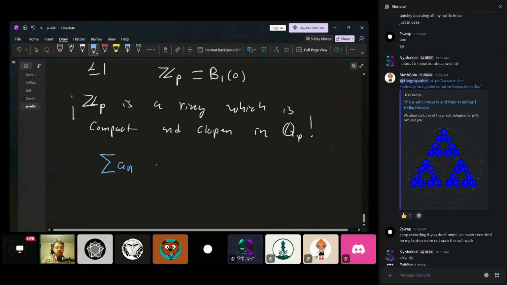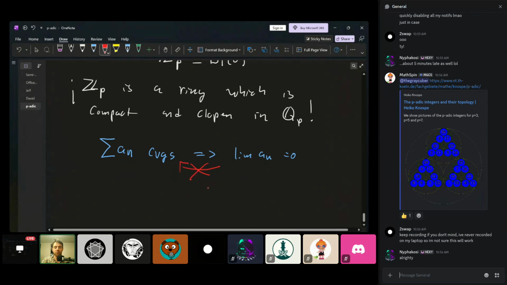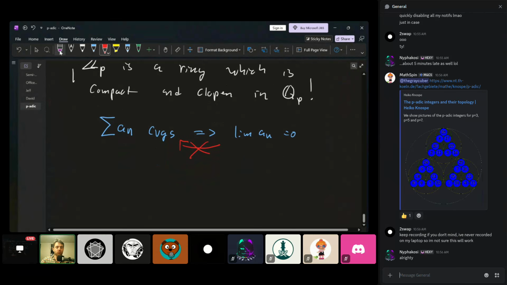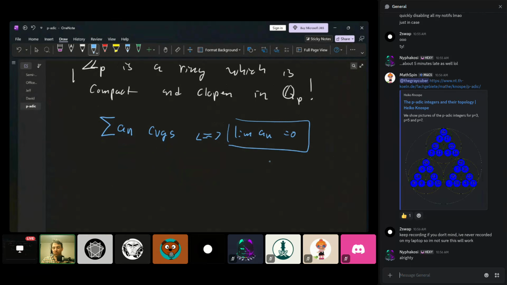Life is basically hard because a series converging implies that the limit of the nth term goes to 0. But the whole reason why we spend 2 months on it is because the converse fails miserably. But this is no longer true in p-adic land. In p-adic land, a series converges if and only if the limit of the nth term goes to 0.